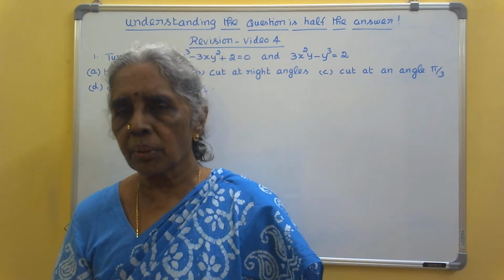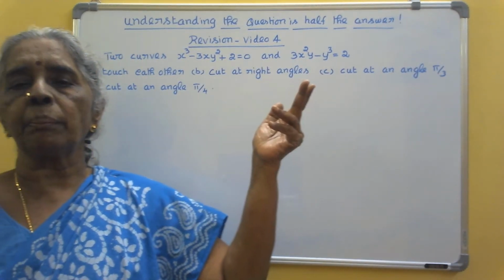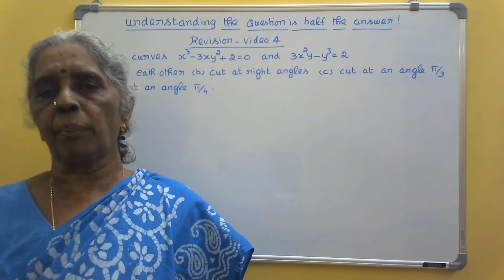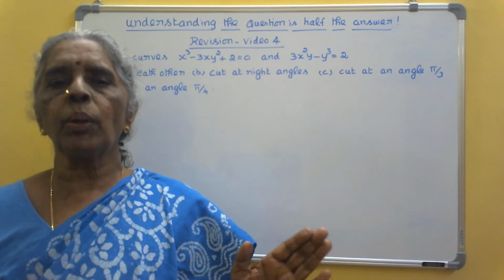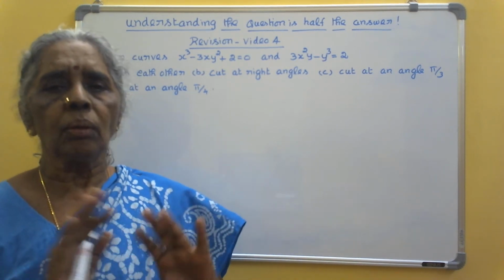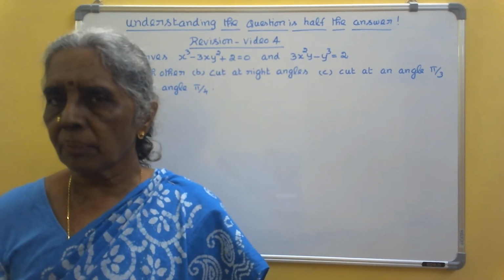That's the concept. If they cut at an angle pi by 3 or pi by 4, that means the angle between the tangents is equal to either pi by 3 or pi by 4. You know the formula, tan theta is equal to modulus of (m1 minus m2) by (1 plus m1 m2). So that's the concept you have to know about this particular sum.